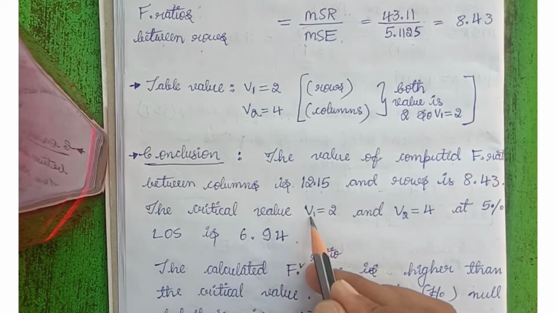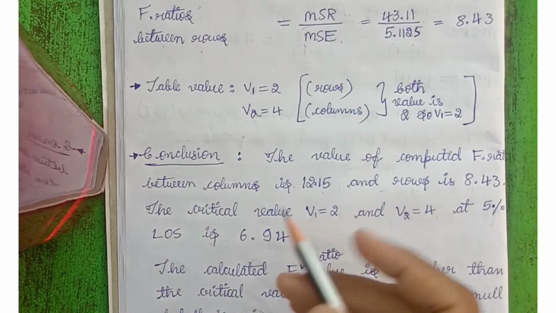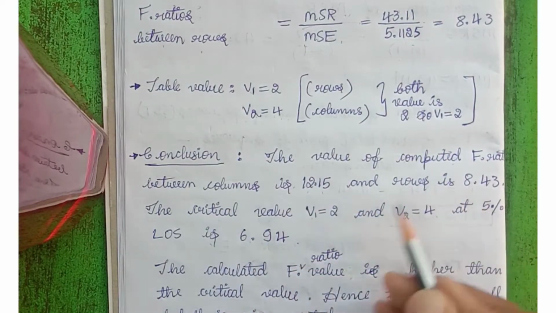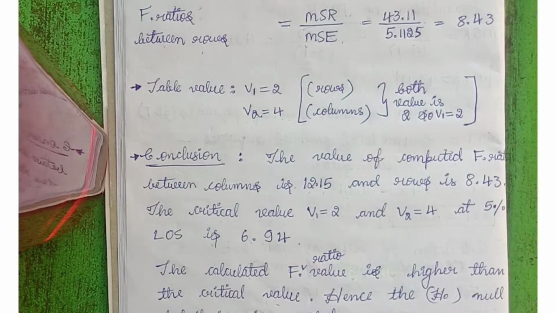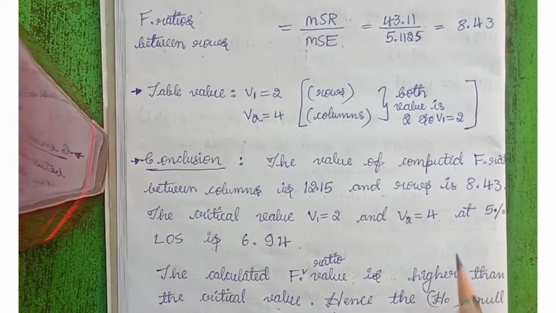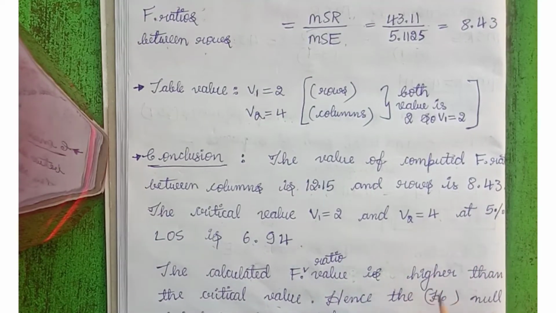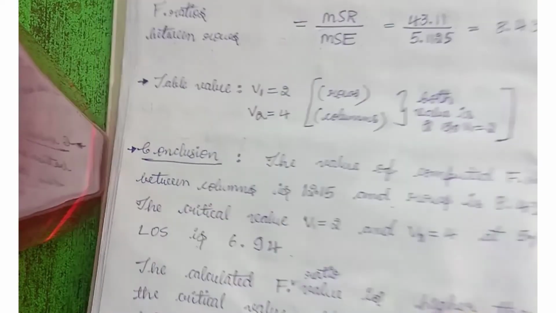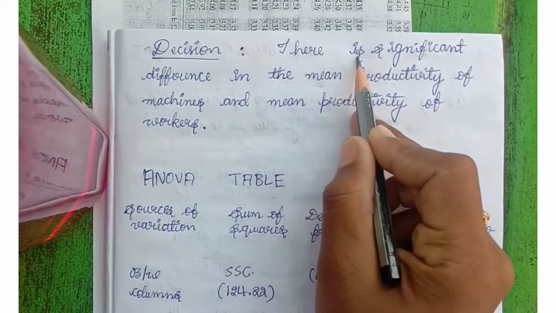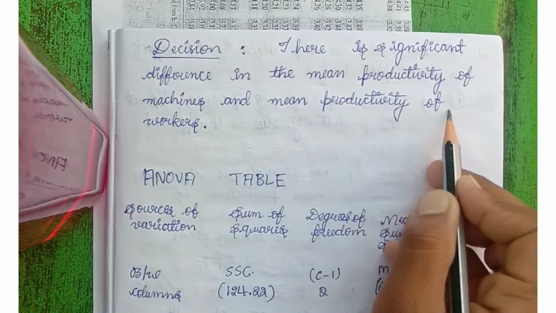The critical value for V1 equal to 2 and V2 equal to 4 at the 5% level of significance is 6.94. Comparing, the critical value is less, so the calculated F ratio value is higher than the critical value in both cases. So the null hypothesis is rejected. The decision: there is a significant difference in the mean productivity of the machines and the mean productivity of the workers.